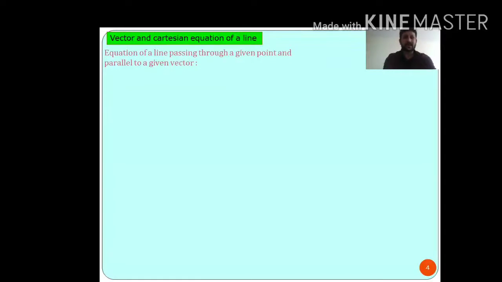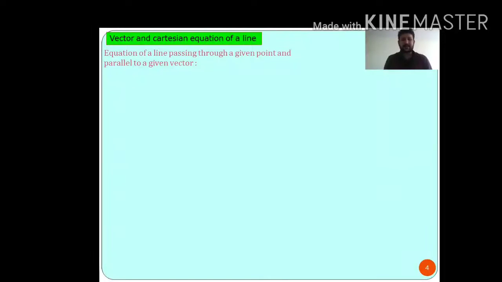Simply, the line passes through a given point and is parallel to a given vector. You are provided a particular point through which the line passes and a vector that is parallel to the line.